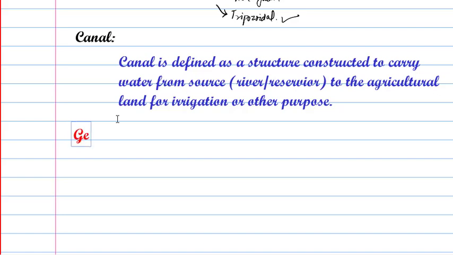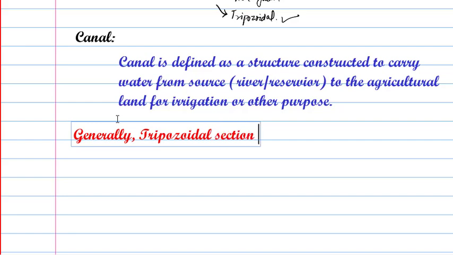Generally, trapezoidal section is adopted for canal design.